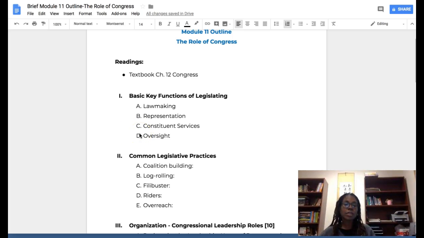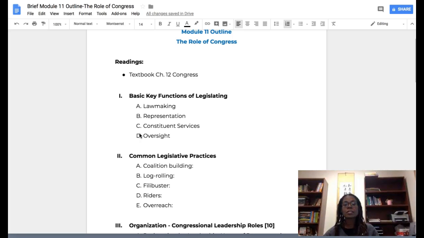And then the fourth basic function is oversight. So as part of the process of writing and passing laws, our legislature also has a responsibility to keep track of, manage, or supervise the implementation of those laws once they've been passed. So this is especially important when it comes to government agencies that are under the oversight of Congress, but it's also important, more and more so over time, when we think about the government subcontracting with other agencies to actually implement laws and get things done.